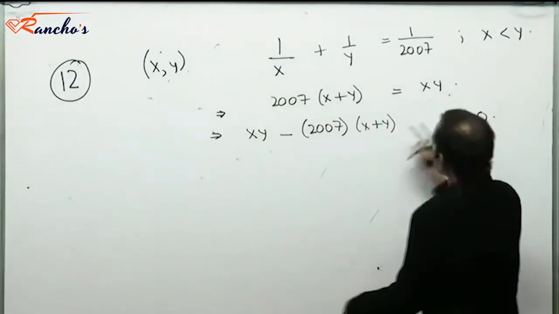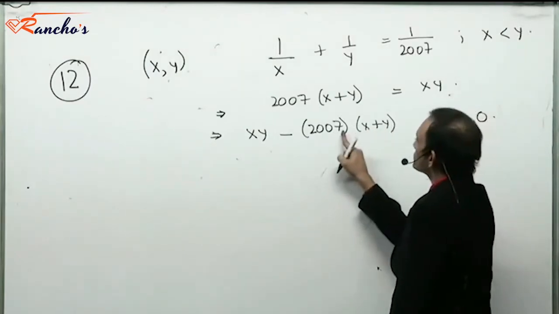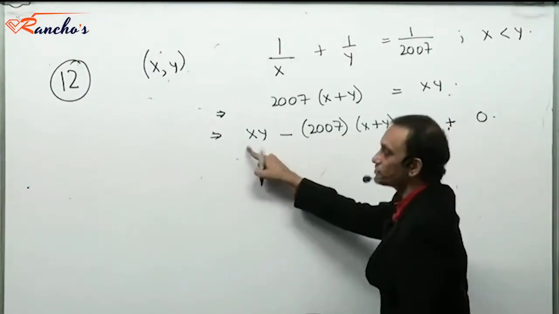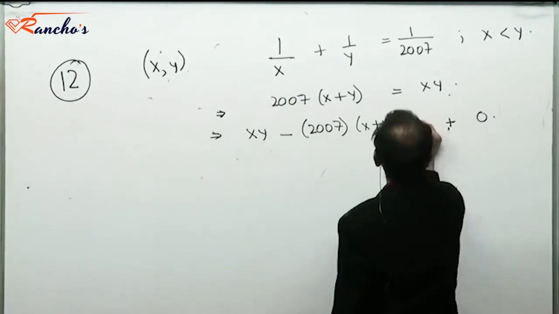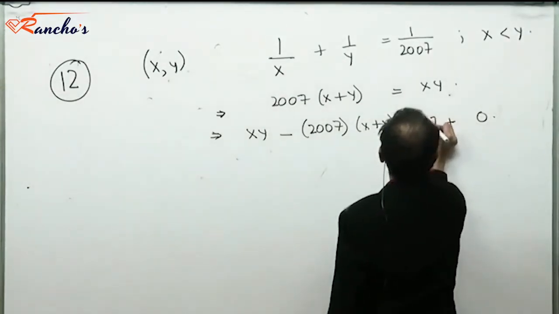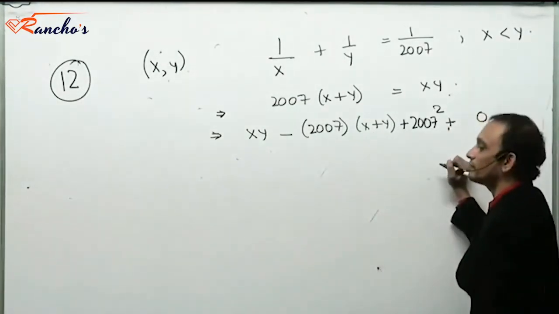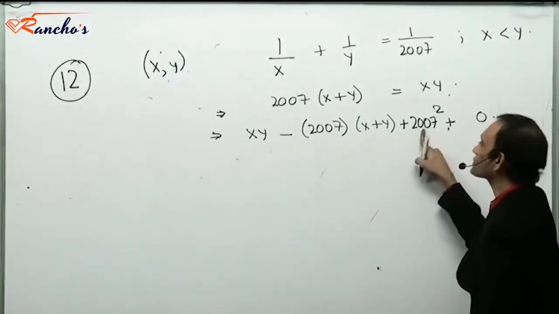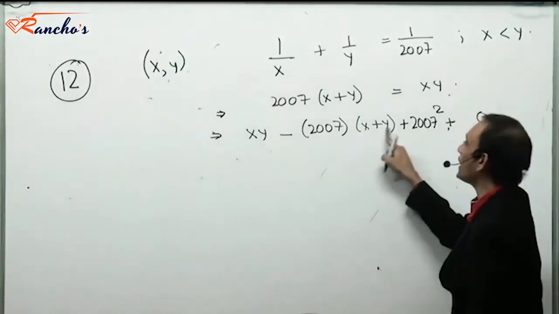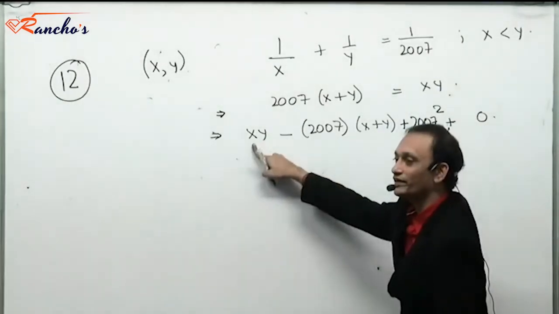Now think of it: the sum of the roots, the product of the roots, to convert it into a factor form, x squared minus x times (alpha plus beta) plus alpha beta.